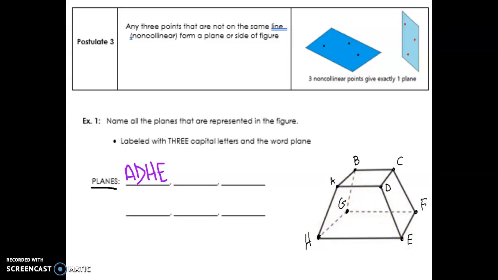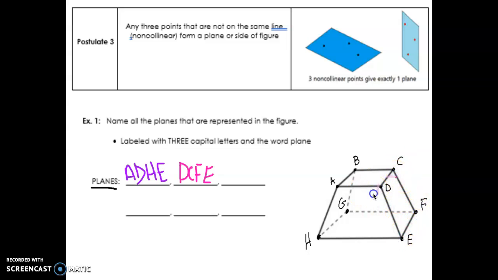Working my way around the figure, look at this side. When I connect it with my pen, you should see it's D, C, F, E. That's just the way I chose to draw my figure. You could have started here and said C, F, E, D, whichever way you see it is completely acceptable.